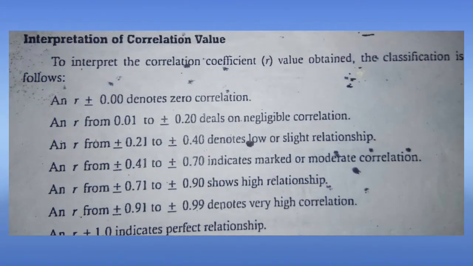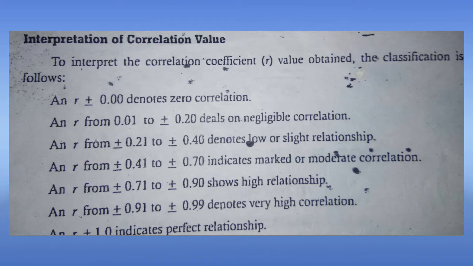I will present to you those classifications, and let us explain them one by one. To begin, an r, or the correlation coefficient, of plus or minus 0.00 denotes zero correlation. It indicates no correlation.